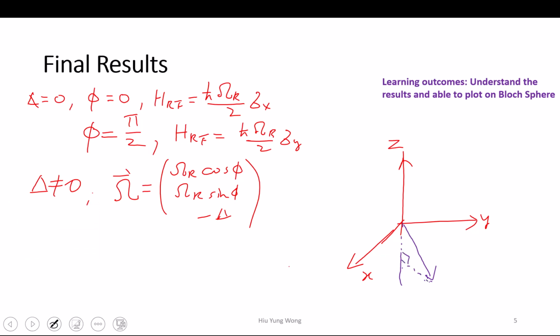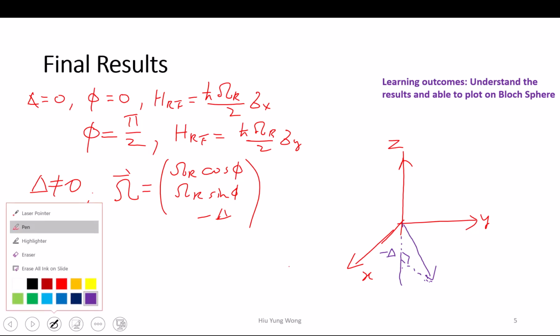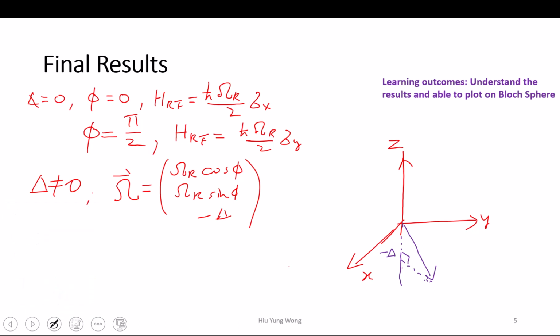Right, which is negative delta, right? And it also has XY components that is pointing down, right? So if you do the rotation, you will be rotating, I don't know how to draw it, maybe along here, right?